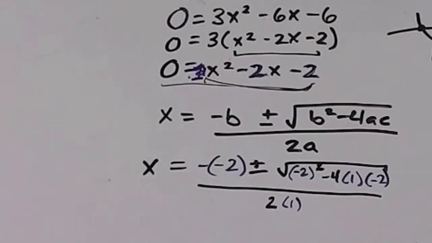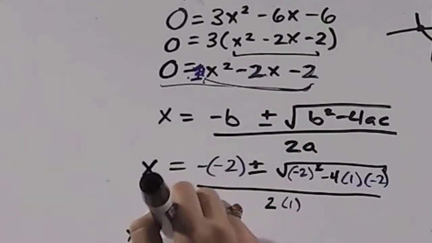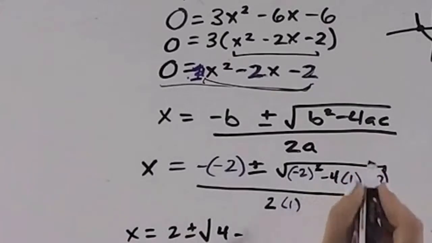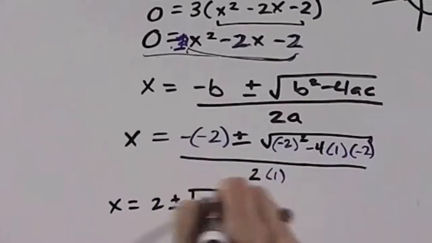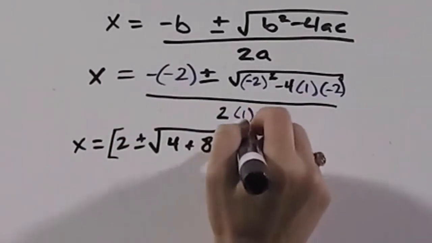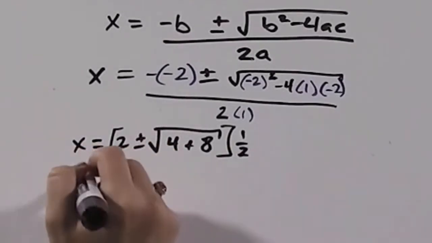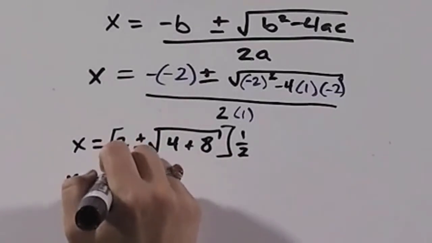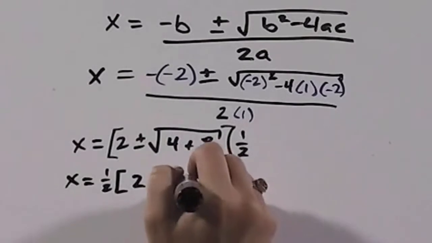So let's solve that through. 2 plus or minus the square root of 4 minus, what is that, 8? It's actually plus 8, all over 2. So that's all times 1/2. Then that implies x is equal to 1/2 times 2 plus or minus the square root of 12.